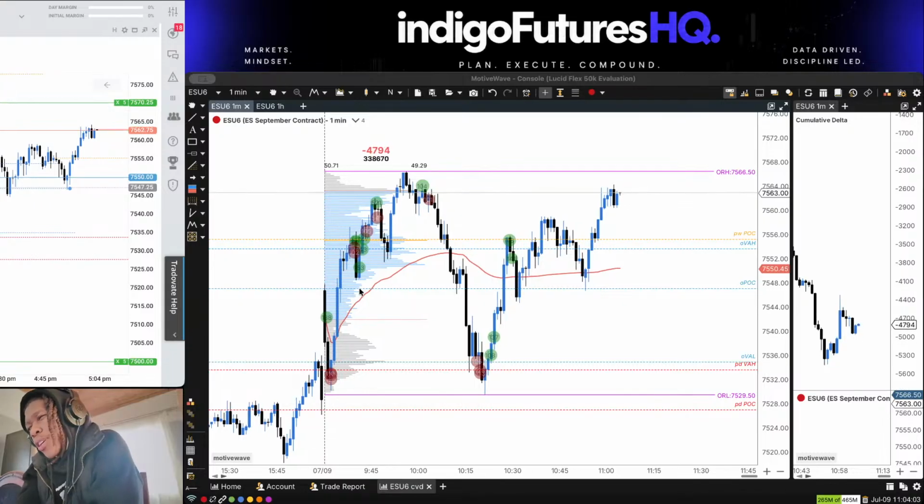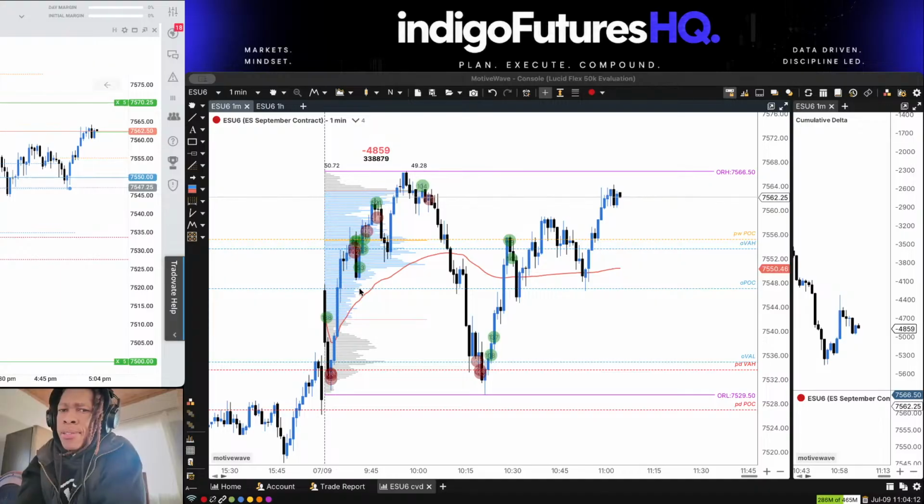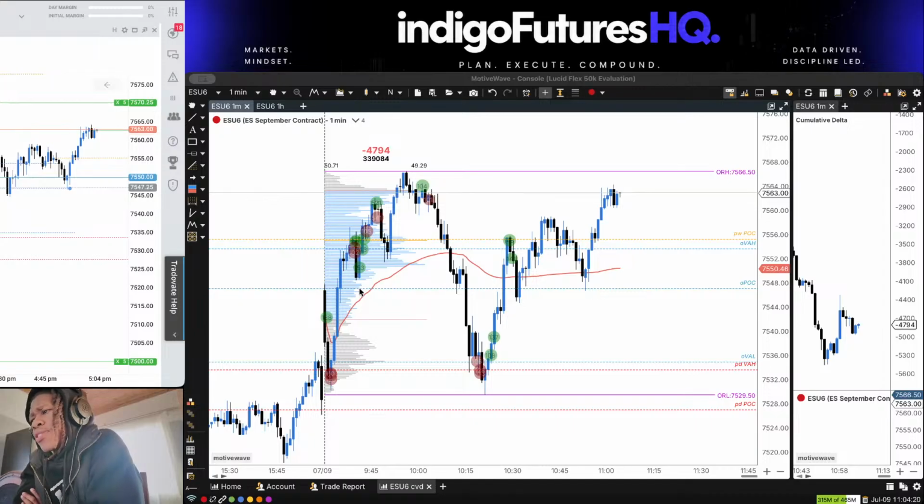And also yesterday, something I wasn't really expecting to happen: we did touches of both initial balances. We did initial balance low, and then we went and did initial balance high, which I've generally never seen. So that was interesting to see yesterday.